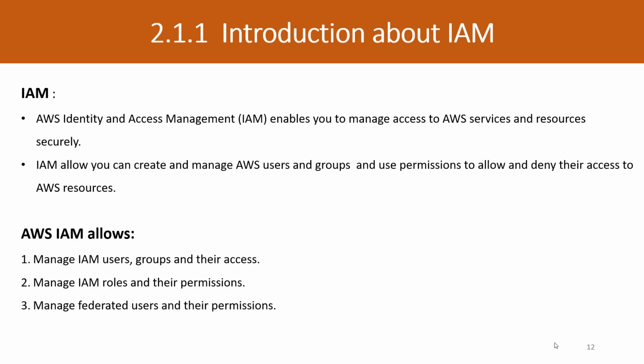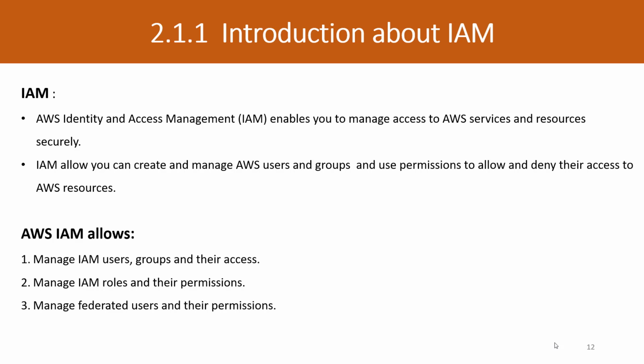These are the three things mainly done by IAM. The first thing is to manage users, groups, and their access, manage roles and their permissions, and third is to manage federated users and their permissions.